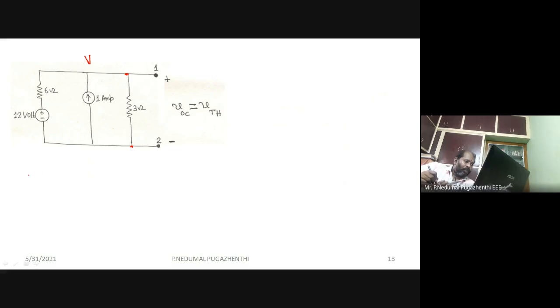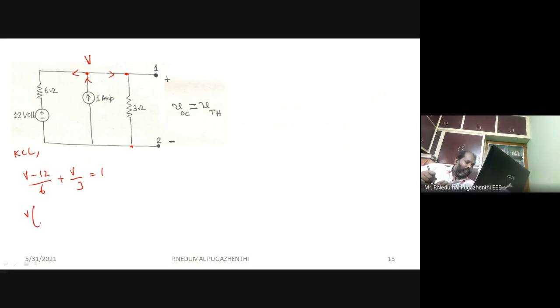So I will assume the current (V minus 12) divided by 6 plus V by 3 is flowing here and here, which is equal to 1, because this current is coming here. According to KCL, the current leaving the node is equal to the current entering the node. So (V minus 12) by 6 plus V by 3 is equal to 1.